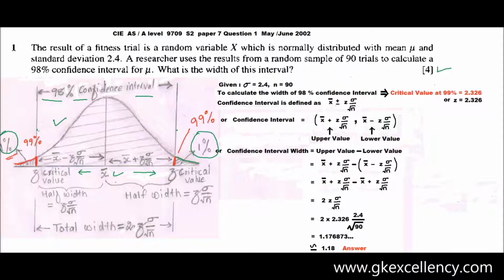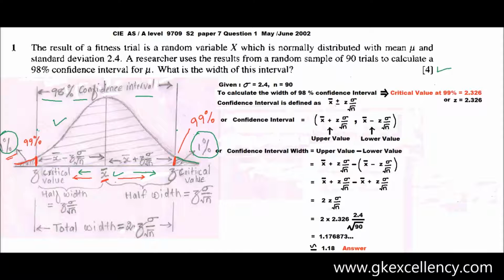So 1% on this side and 1% on this side, and in the middle it will be 98%, the width of the interval, because x bar is in the middle. I can go positive and negative by the same amount, which is the confidence interval width. Hope this concept is clear, and I can show you more in the diagram.